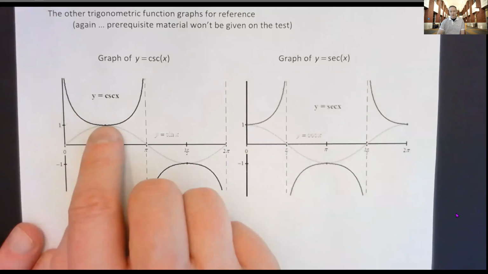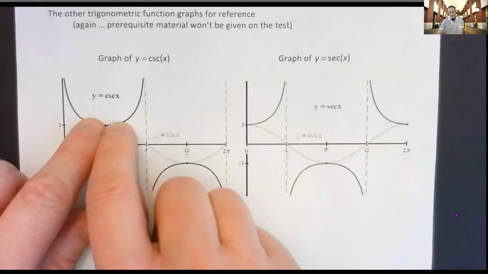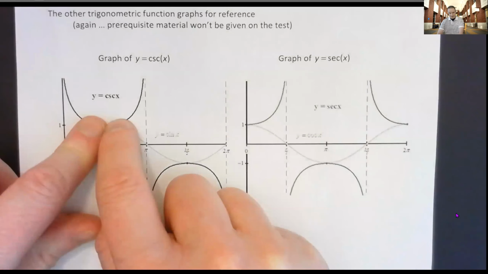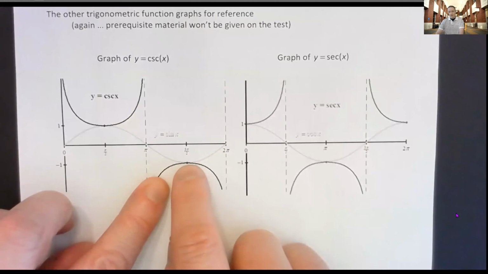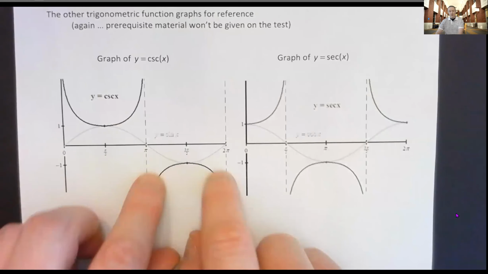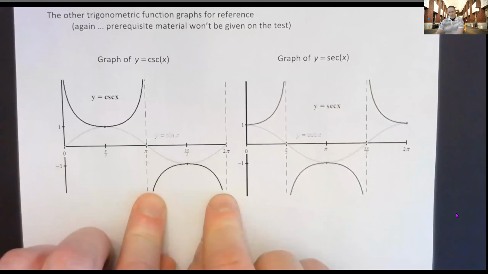Whenever the sine function is 1, the cosecant is 1, and then it's going to go off towards infinity as x approaches those asymptotes. Whenever the sine is -1, your cosecant is -1, and it's going to go off towards negative infinity as it approaches those asymptotes.